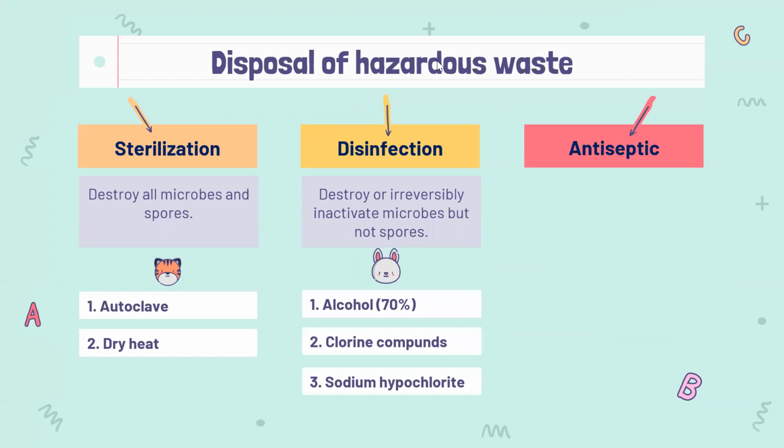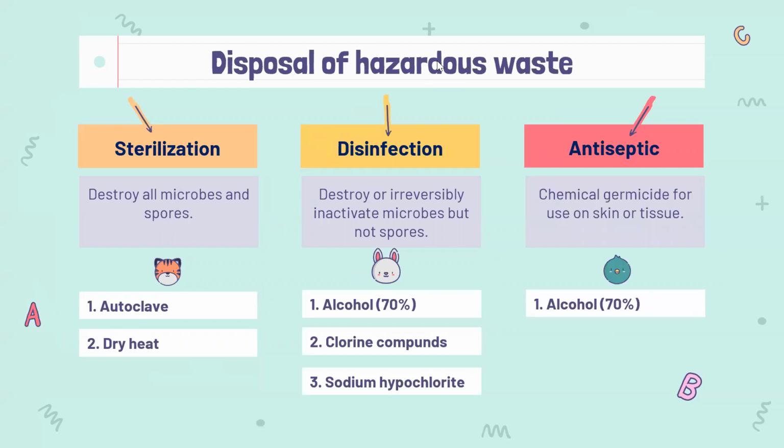Disinfection is the process that destroys or irreversibly inactivates microbes, but not spores. These include 70% alcohol, chlorine compounds, and sodium hypochlorite. And the third is antiseptic, which is the process that uses a chemical germicide for use on skin or tissue. The thing that we can use is 70% alcohol.